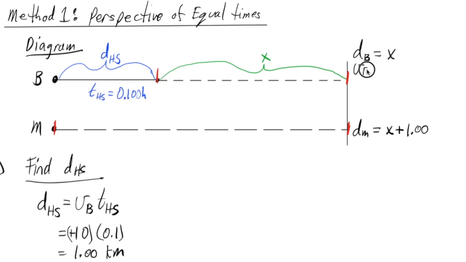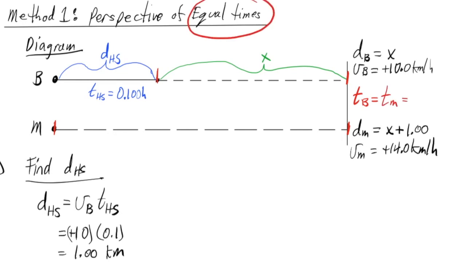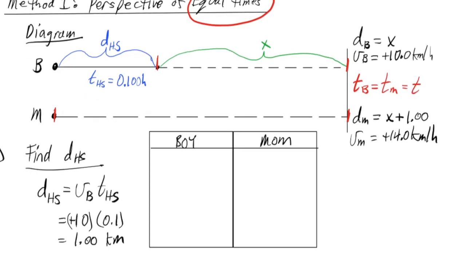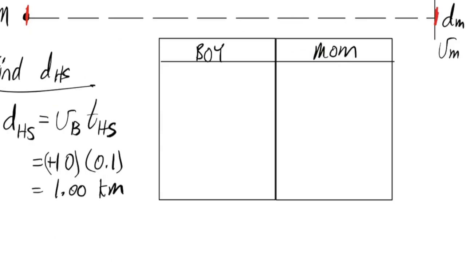Now, the velocity of the boy is positive 10 kilometers per hour, and for the mom, positive 14 kilometers per hour. But now the final thing: the time for the boy is equal to the time for the mom, equal times, which is just equal to t. Great. And now it's time to make the equations for both the boy and the mom. So again, constant motion, d is equal to v times t.